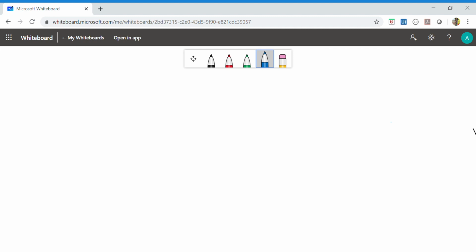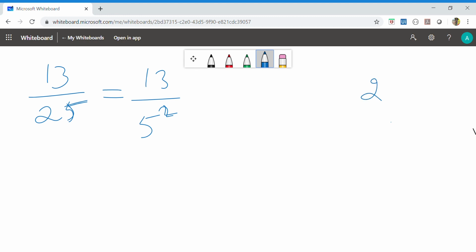Now I'll give the question from 1.3. Convert 13 by 25 into decimal form without actual division. These concepts also come for 1 mark and 2 marks in the public examination. It can be written as 13 by 5 square. But to convert into decimal without actual division, the denominator should be in the form of 2 to the power of n into 5 to the power of n.